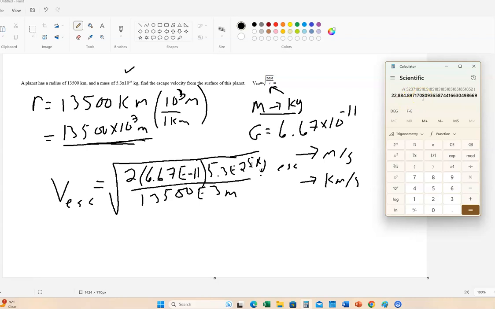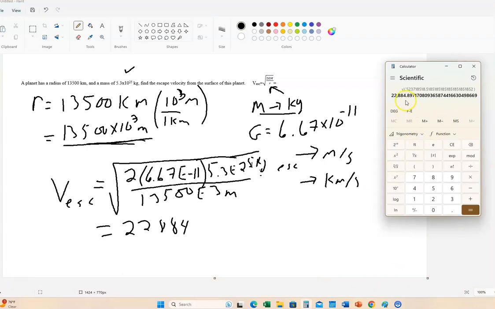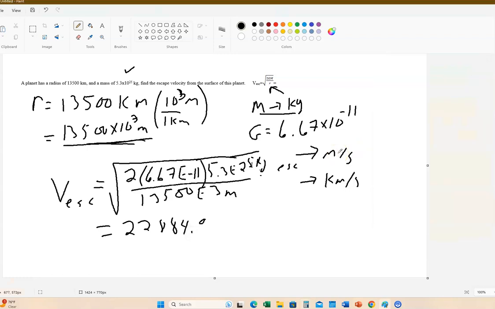So this is equal to 22,884.9, rounded up, and of course the answer comes out in meters per second.